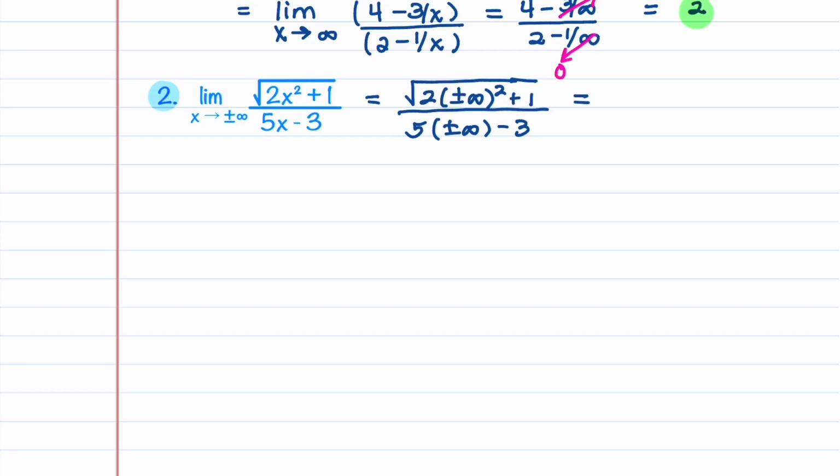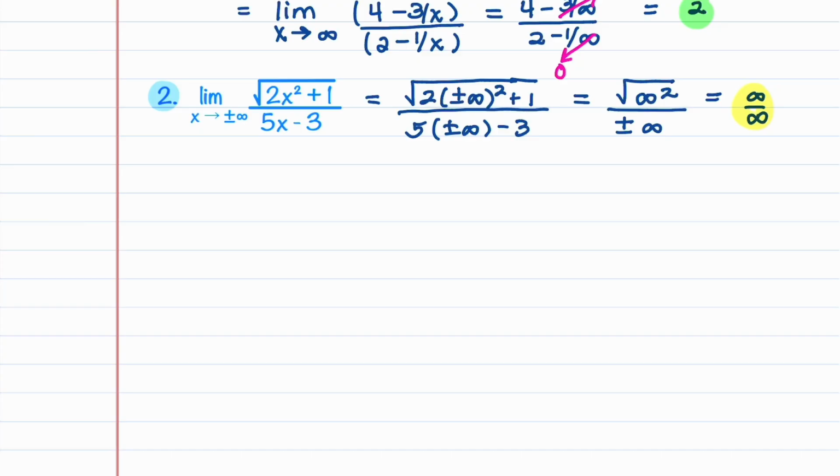The biggest term is the first one, 2 times infinity squared. So let's just write this as the square root of infinity squared, all divided by 5 times plus or minus infinity minus 3. The minus 3 won't matter, so we can just write this as plus or minus infinity.